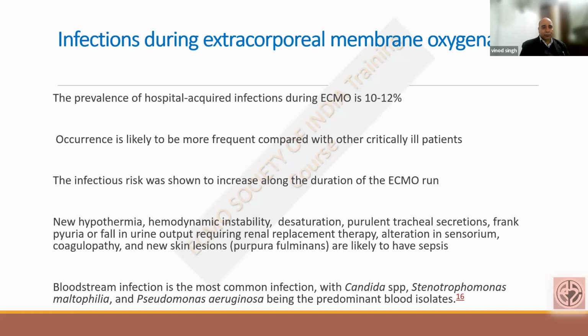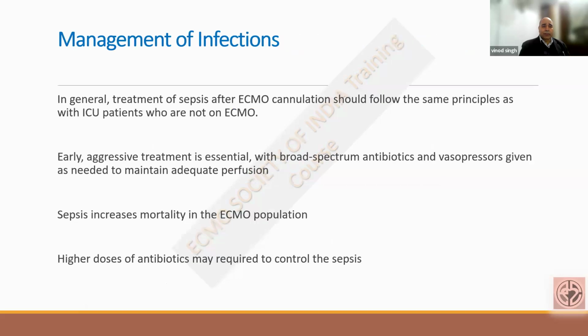For example, a patient who has got H1N1 pneumonia, viral, but on the 4th or 5th day is going on ECMO, already has some form of bloodstream infection or a bacterial pneumonia.